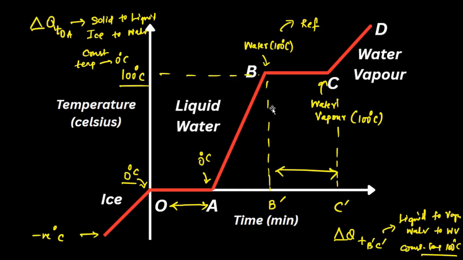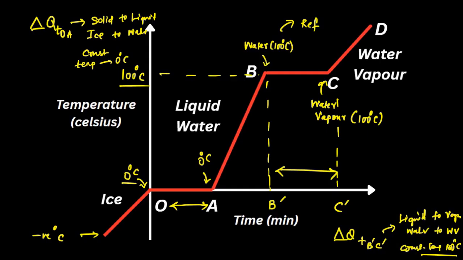For other substances it will be different, but the basic crux, the basic foundation will always stay the same. For other substances, this 0 degree Celsius point will be somewhere different. The liquid-vapor transition point will be a bit different. So these solid-liquid and liquid-vapor transition points or latent heat points, latent temperature points will be different, but the basic structure will be the same.